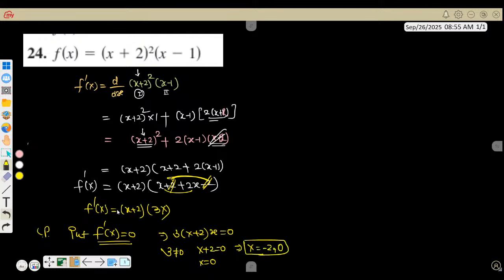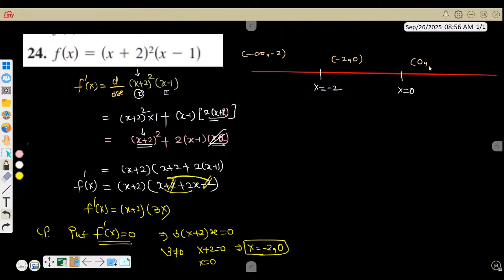So these two are my critical points. It means these two critical points split my number line into some intervals, x is minus 2 and x is equal to 0. So these critical points split the number line into three intervals. One is minus infinity to minus 2, another minus 2 to 0, and 0 to infinity.